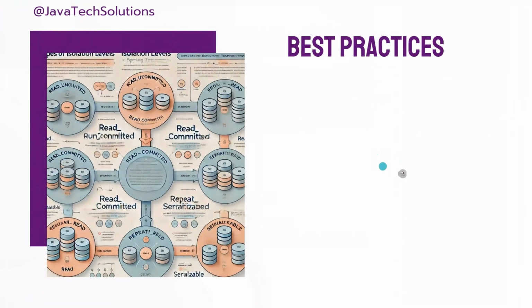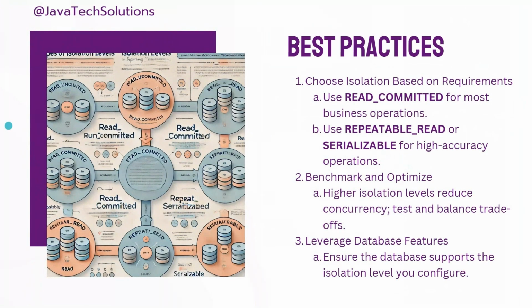Now we will see what the best practices are. Whenever we choose the isolation type based on the requirements, we can use read committed for most business operations, and repeatable read or serializable for high accuracy operations. Benchmark and optimize: higher isolation levels reduce concurrency, so test and balance the trade-offs.